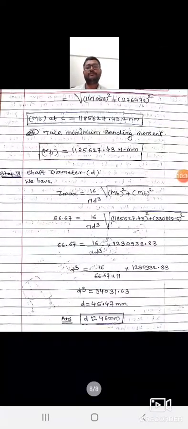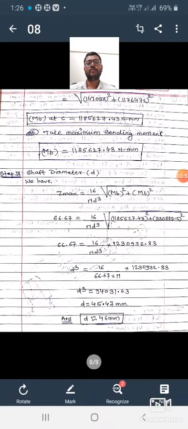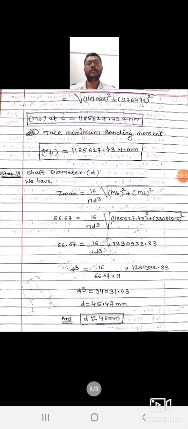So next, last step is to find the shaft diameter. How to find shaft diameter? We know that we have equation tau max, maximum shear stress, equal to 16 upon pi d cube under root of Mb square plus Mt square, that is maximum bending moment square plus torsional moment square, which is nothing but tau max.